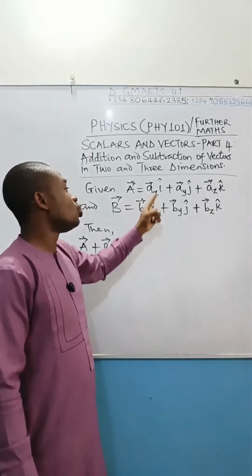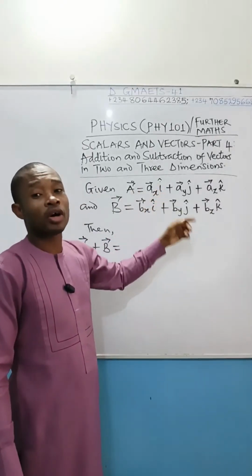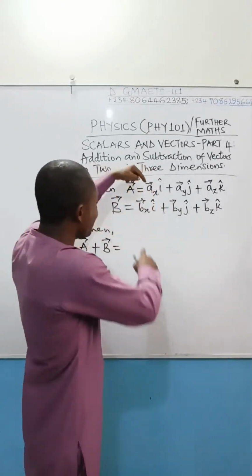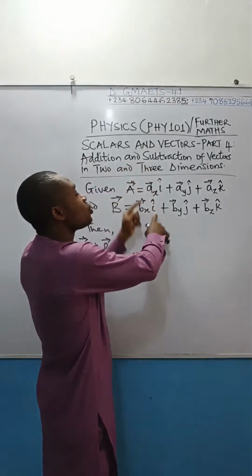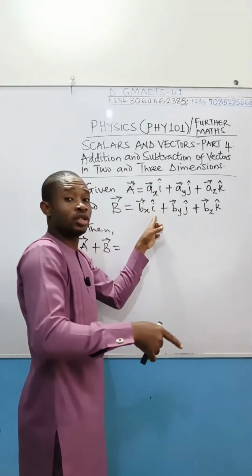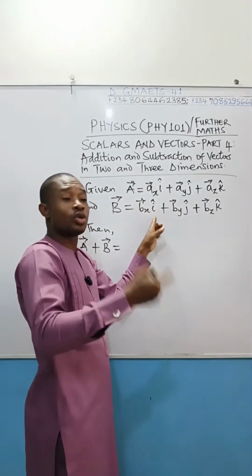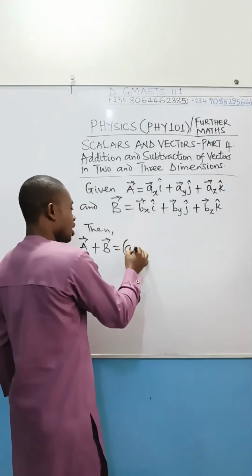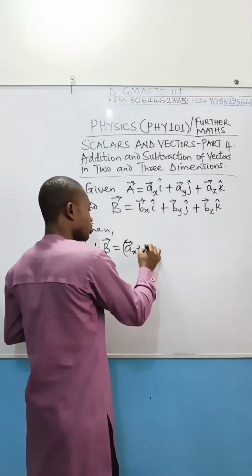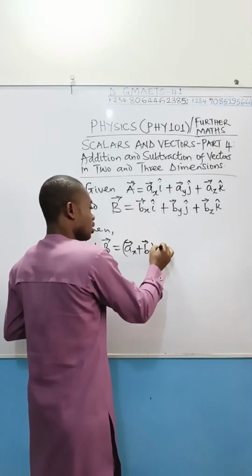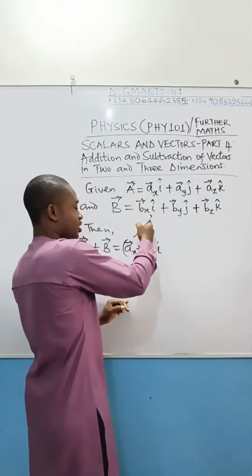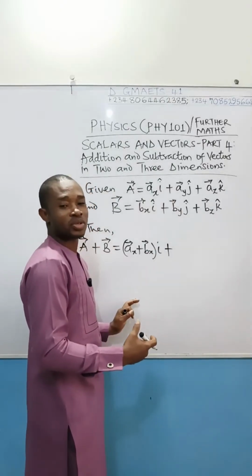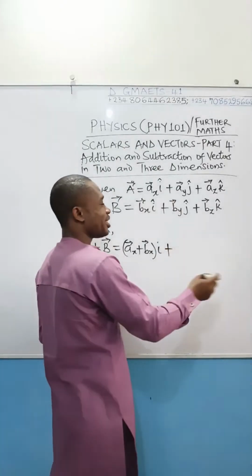When you are adding, you pick out the common term, of course. The common term here is the unit vectors, i, j, k, which means if I add this ax, bx, it's going to go the same direction along the x-axis. So you need to attach i to it. This is going to be ax plus bx, and then i. This and this. Remember, it's simple. Just take them like terms. How do you identify the like terms? i, j, k, simple.